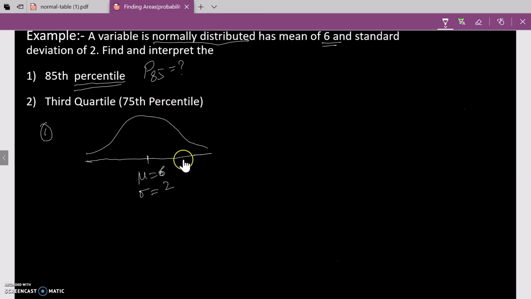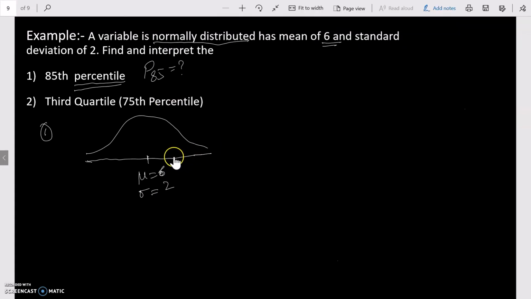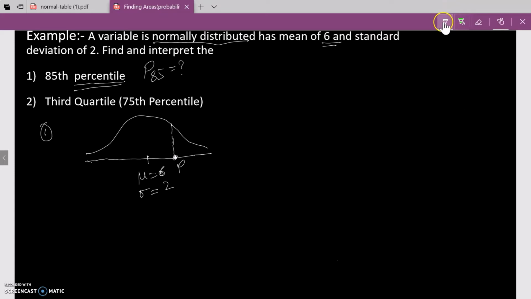Now the 85th percentile value will be somewhere here. That's the value we are looking for. And what happens is that the 85th percentile means 15% of the values are above and 85% of the values are at or below that value.